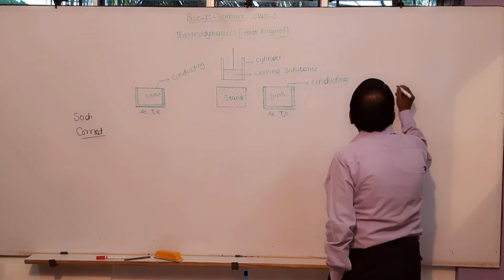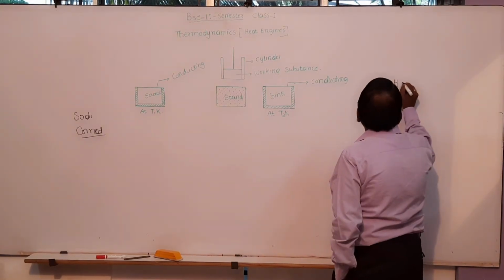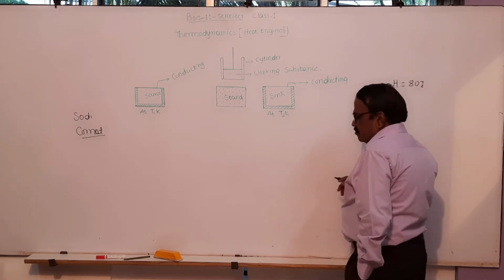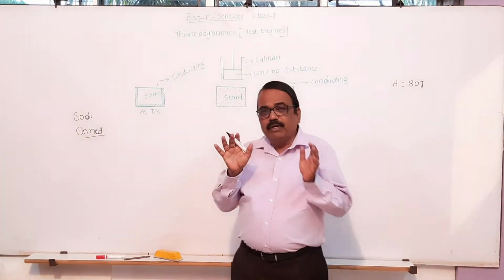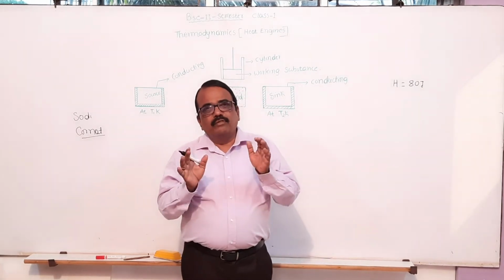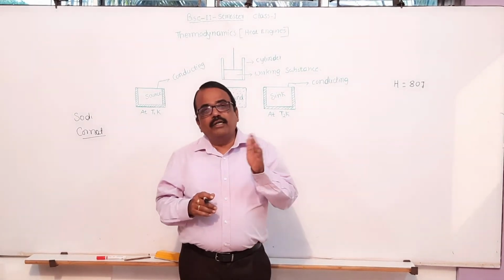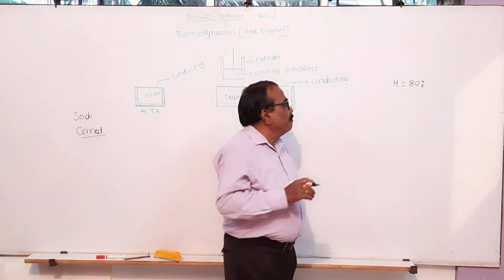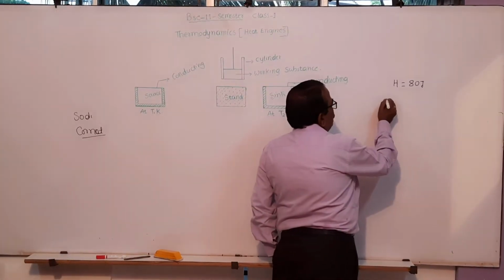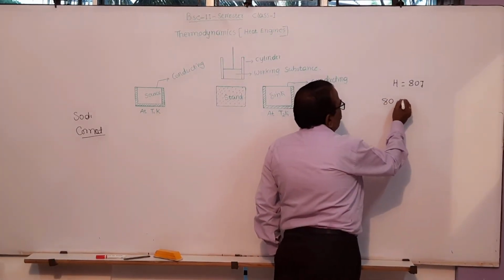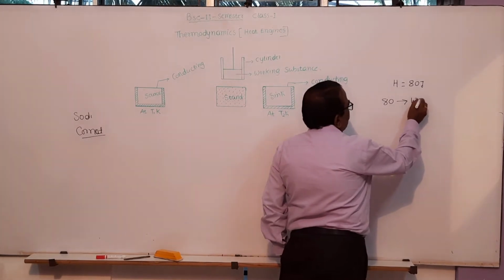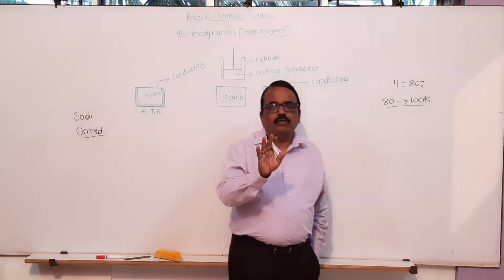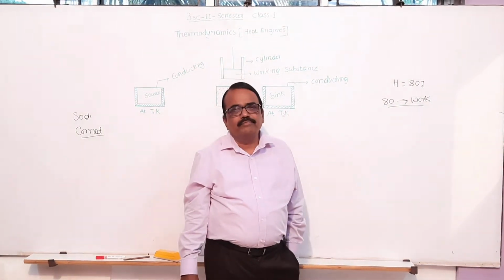Say you are supplying an amount of heat of about 80 joules to one particular device. That device converts that entire heat energy into mechanical work. If all this 80 joules is converted into work, that means heat energy is not at all wasted. There is no loss in the heat energy.